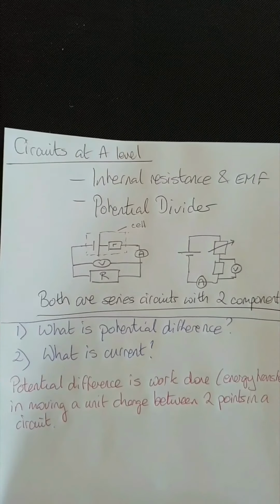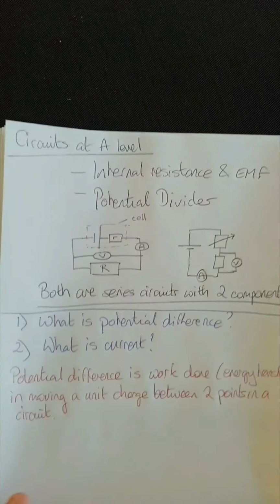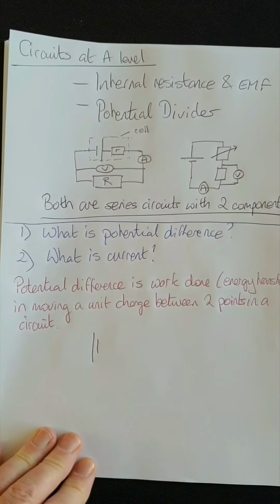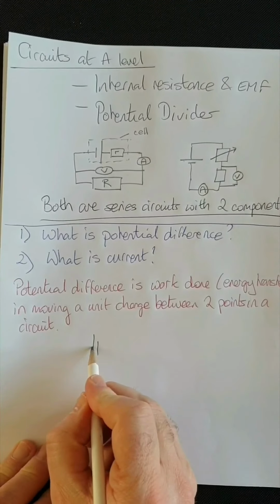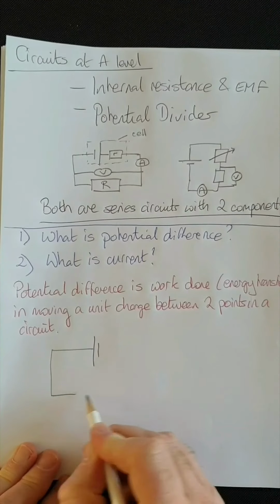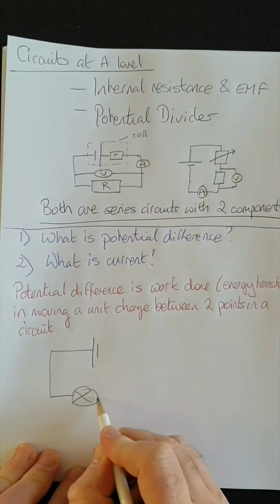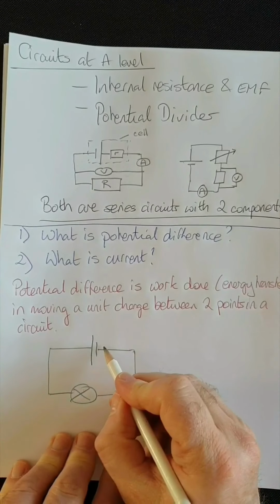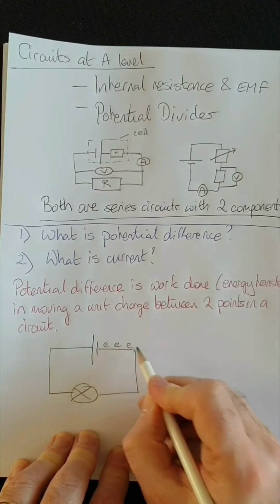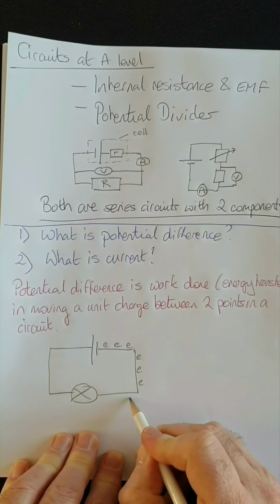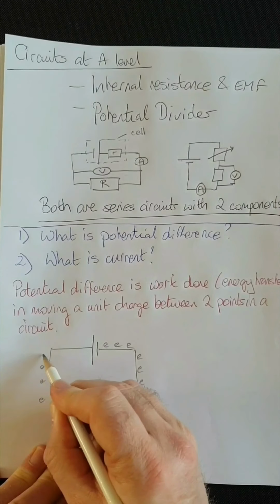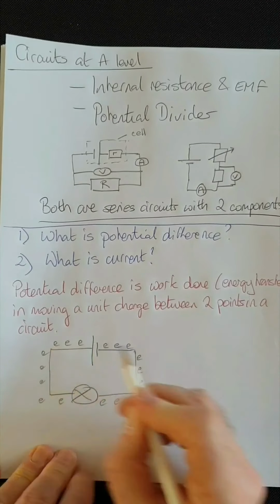Now, what does that mean? So if we think of a really simple type of circuit, here we have a cell. Again, I'm assuming that there is no internal resistance, and I have a lamp. So what's happening here is that the electrons, which are our charge carrier, are drifting around the circuit.